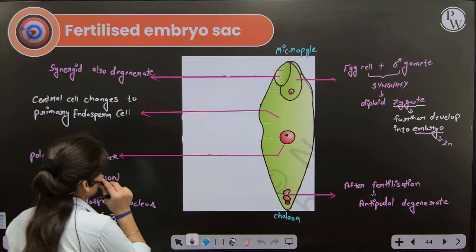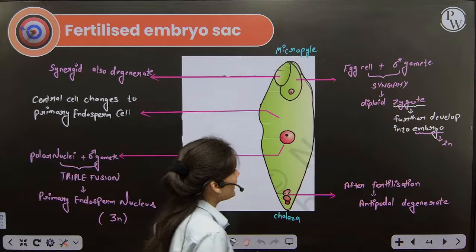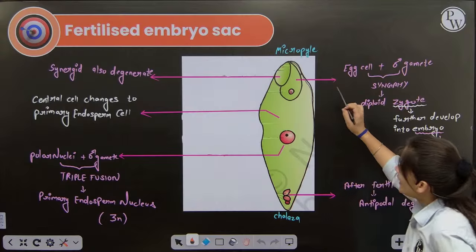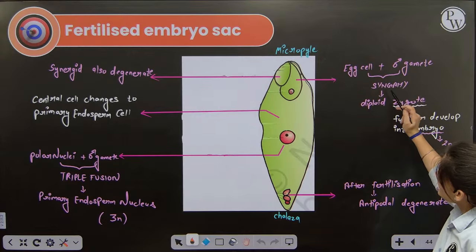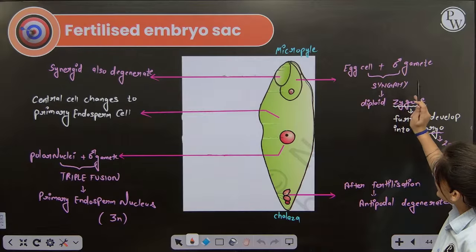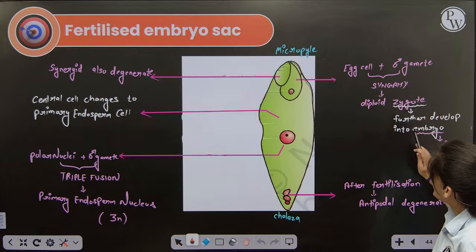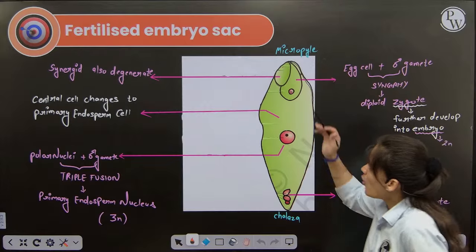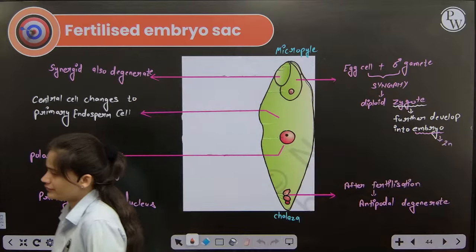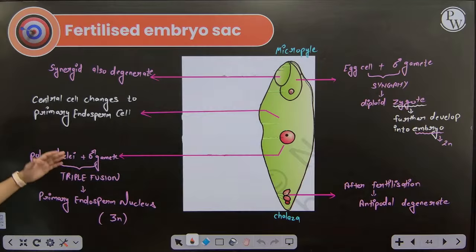Then, what about the micropyle end? Towards the micropyle end, the egg apparatus, synergids plus egg cell, is present. After syngamy of the egg cell and a male gamete, a diploid zygote is formed. That zygote further develops into the embryo. What happened to the synergids? They also degenerate.